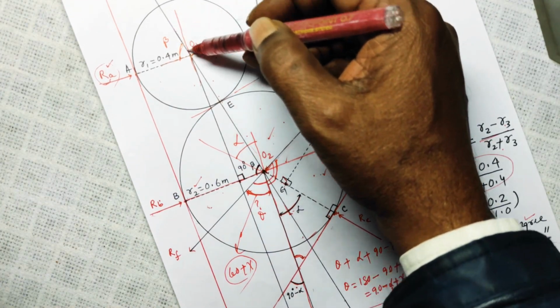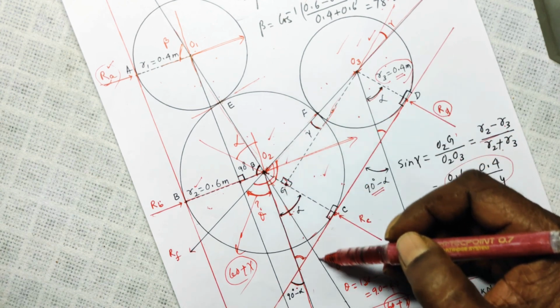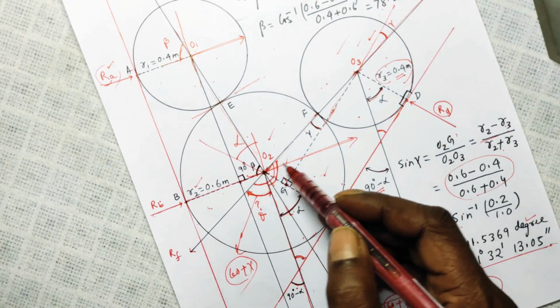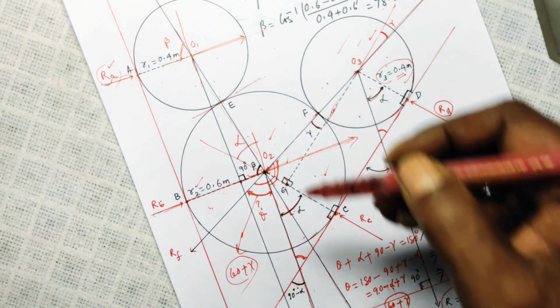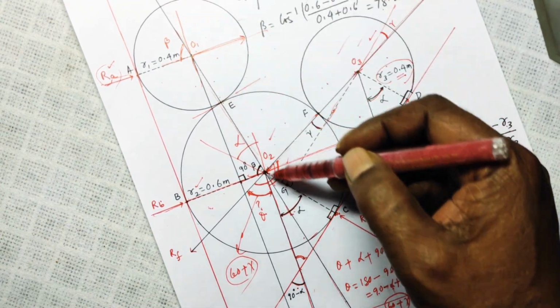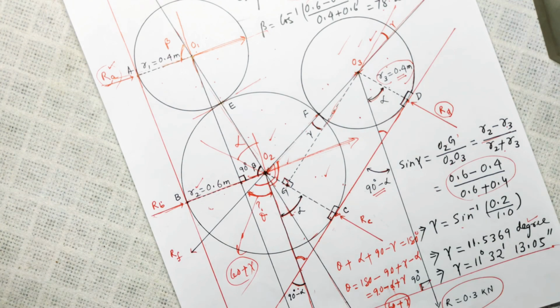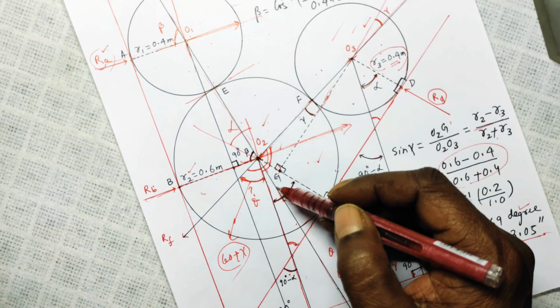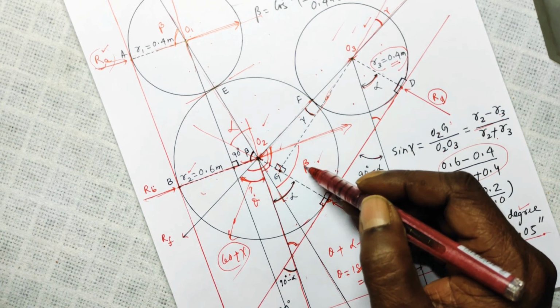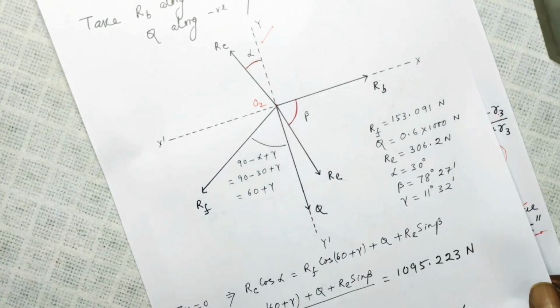If you extend the direction of RE and take this as x-axis, this line is parallel to this line. The direction of RE is the transversal. Therefore, this angle from here to here will be beta, the corresponding angle, which I have shown here.